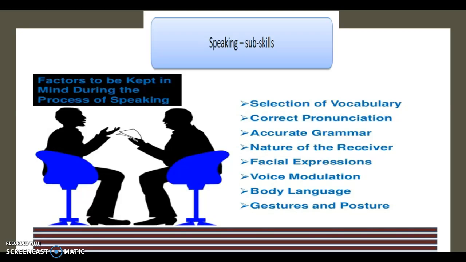As for example, here in the image we have on screen, you might think that this guy is being interviewed by an employer, and he's even using his gestures in order to express whatever he wants to. So it is important for us to incorporate everything when we are speaking, especially for formal or informal situations.